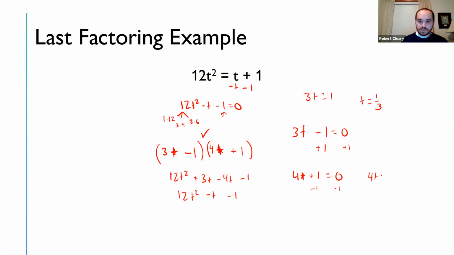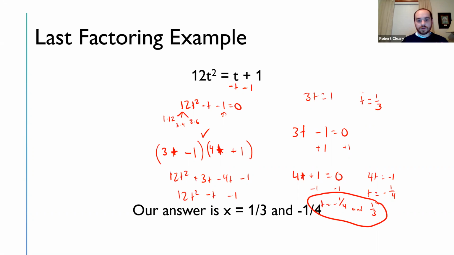We get 4t equals negative 1. t equals negative 1/4. So our answer should be t equals negative 1/4 and positive 1/3. And in fact, our answers are 1/3 and negative 1/4.